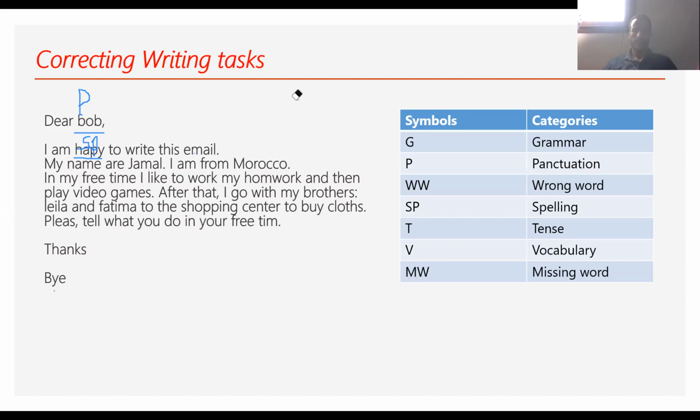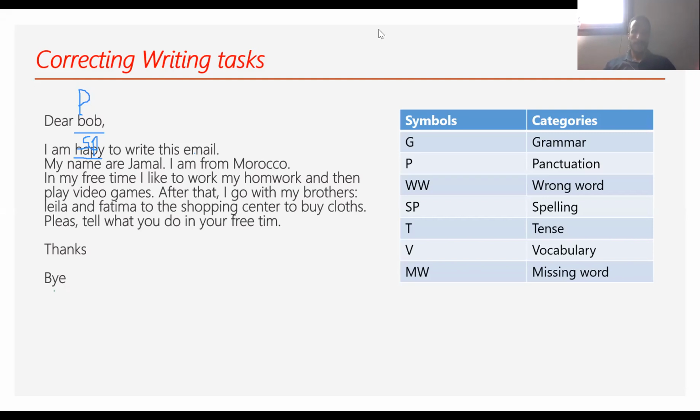But again, here he used the right tense, but he doesn't use the right form, it's present. Yes, I agree with you. Yeah, it's grammar. But there is a problem on the level of grammar. Perfect.